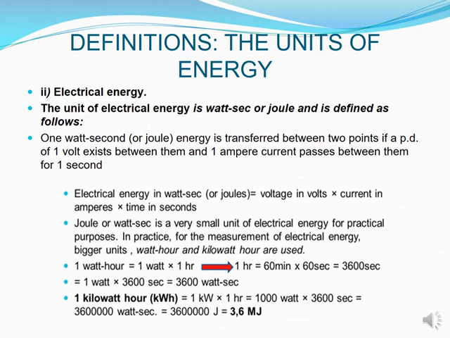Then if I wanted to move that into kilowatts, I simply would take that 3,600 watt seconds, divide by 1,000, and that would give me 3.6 megajoules. So 3.6 megajoules is therefore equal to 1 kilowatt hour of electrical energy.